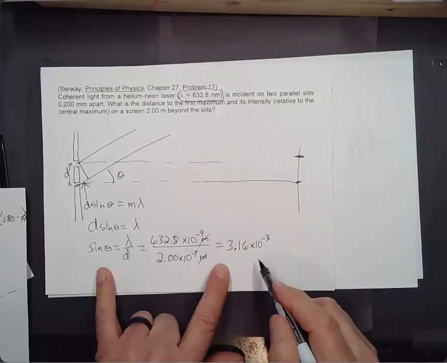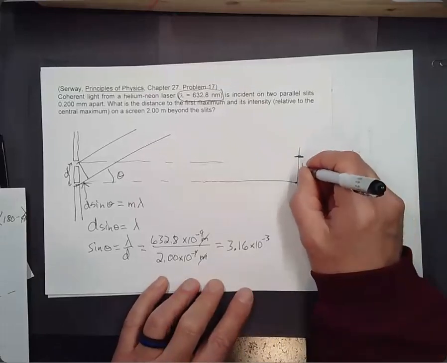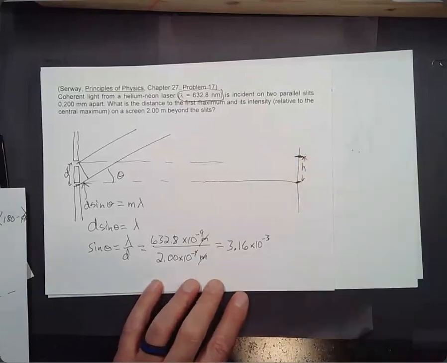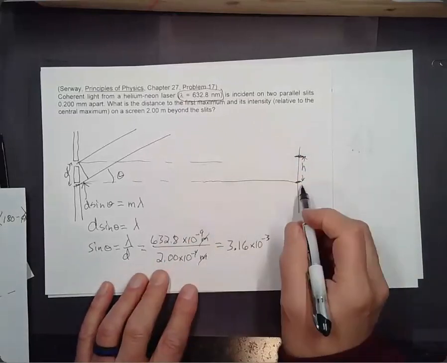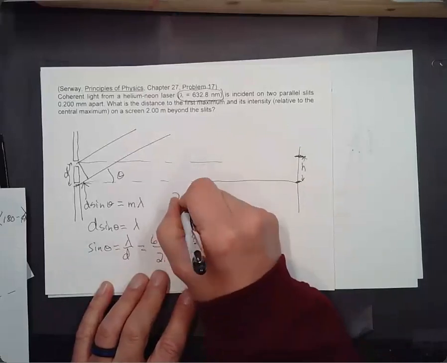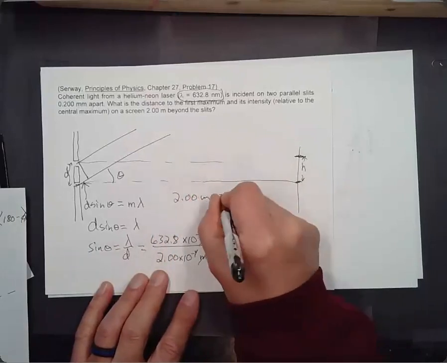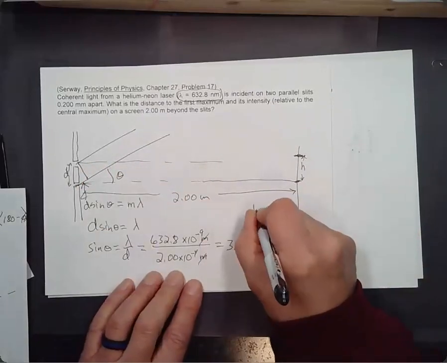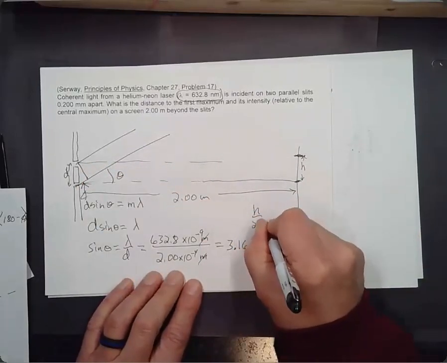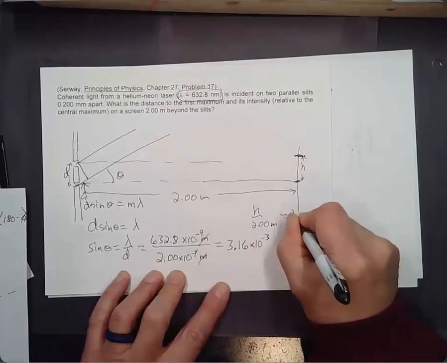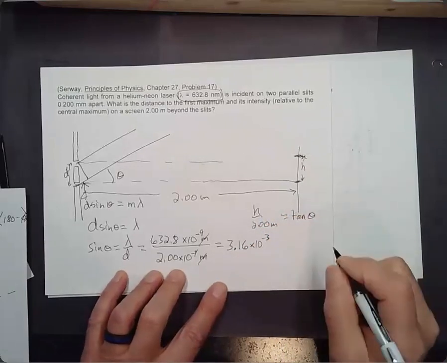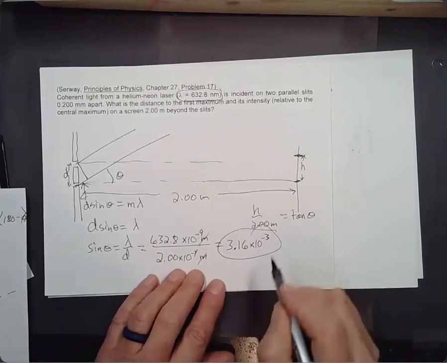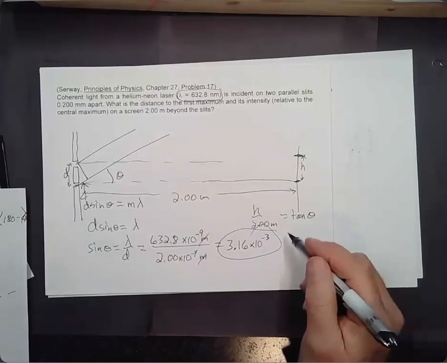You bet. And so when I figure out this height here, looking like that, it'll be h over the 2.00 meters. This one's only 2 meters away, not 5, but h over 2.00 meters is going to equal the tangent of theta, but that's about equal to the sine of theta, which is equal to this, and it's equal to theta itself.